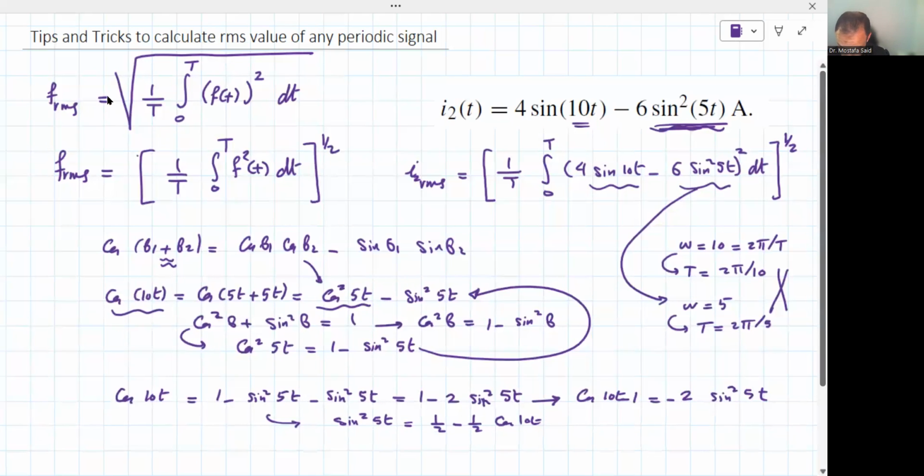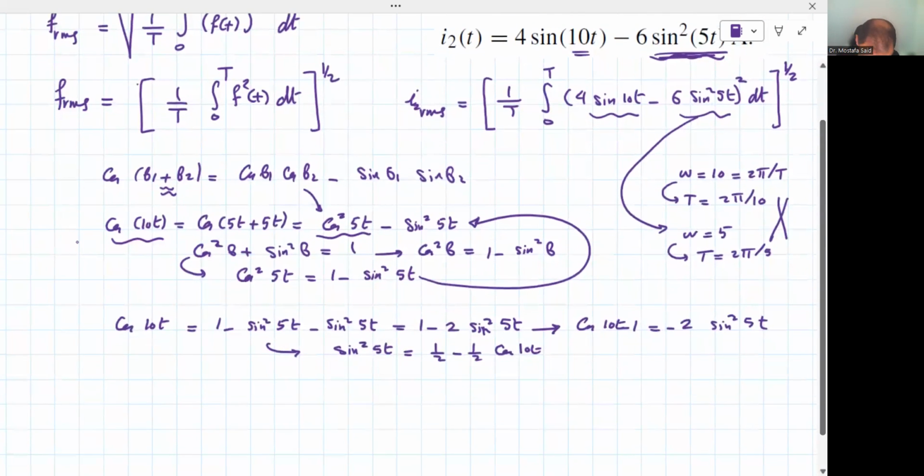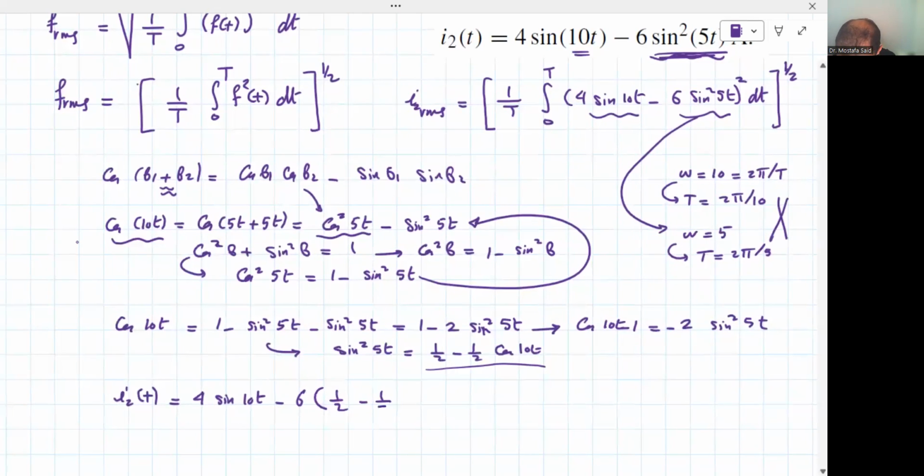So we go to i2 of t. We're going to leave the first term as it is, so 4 sine 10t minus 6. Then we're going to remove the sine square 5t and put that: half minus half cosine 10t. Everything now is 10t, right?